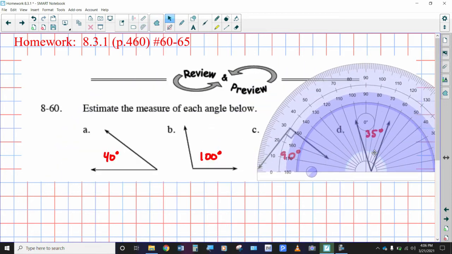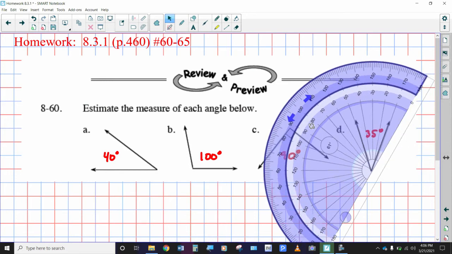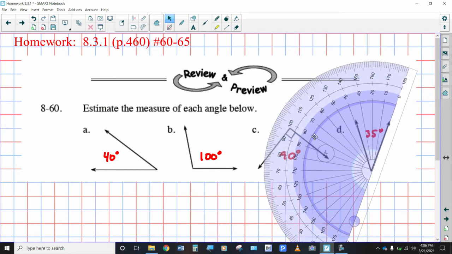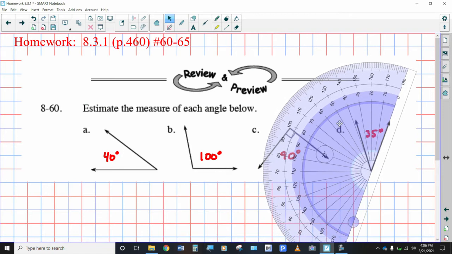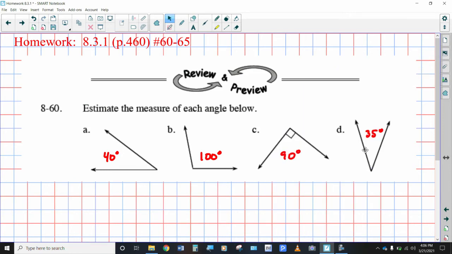Let's set the origin up right here. Let's rotate it. Get that on 0. And this is pretty much the same as the last one, right? It is about 37. So these two angles here are pretty much the same angle. Just this one has the vertex down here. This one has the vertex on the side.